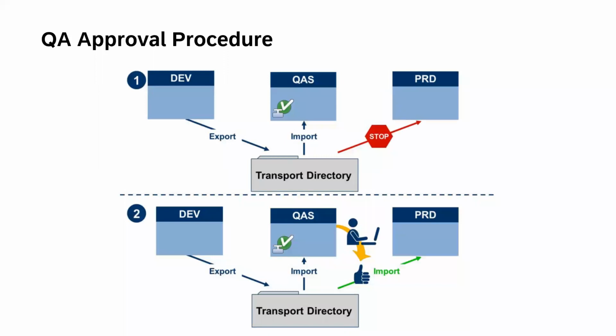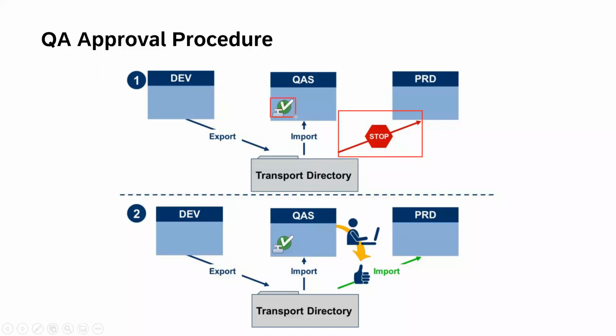This is the queue approval procedure which I just told you. When you release the TR from the development system, the cofiles and data files are created in the transport directory, and in the quality system you can import. The files are read from the transport directory and their changes are imported in the quality system. But even after importing into the quality system, you cannot import into production because of the approval process.